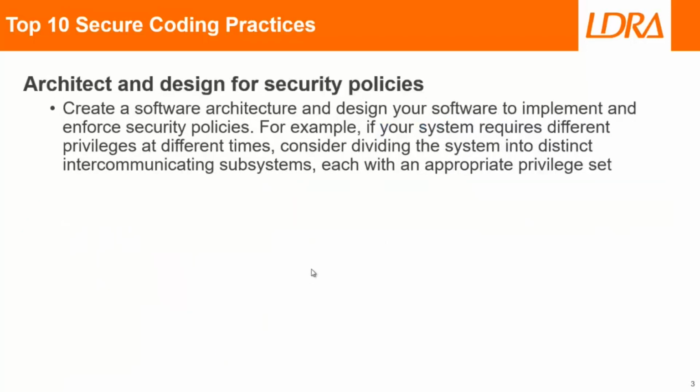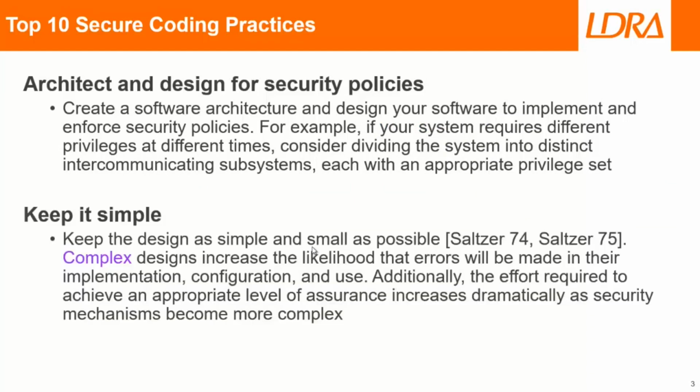We can't bolt on security, so it's very important to architect and design for security. And it's also very important to keep it simple, because the more complex the code is, the harder it is to maintain, understand, and test.